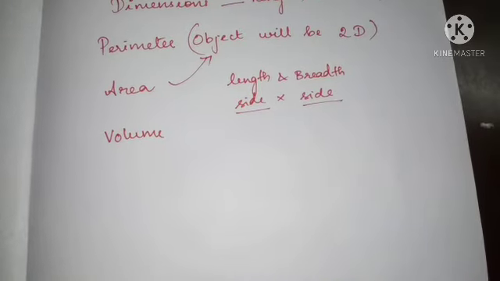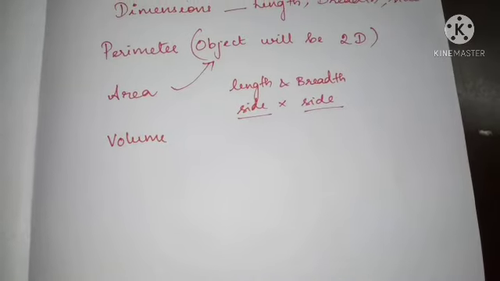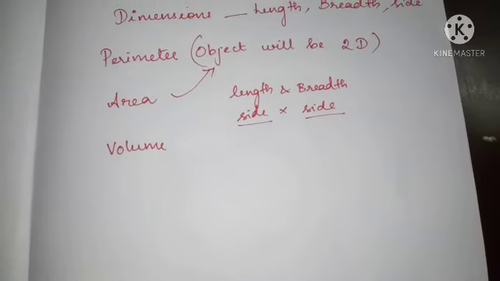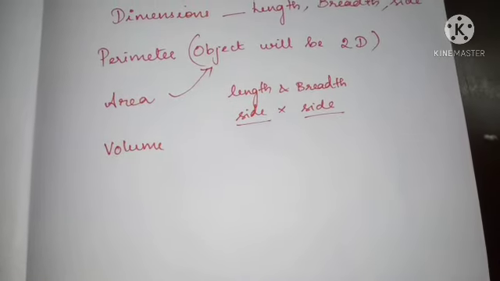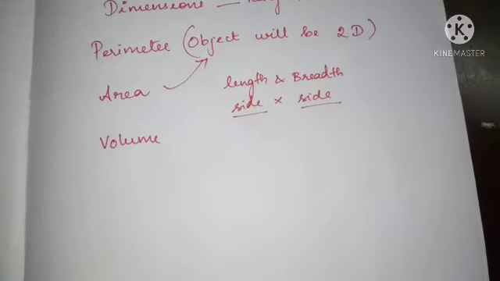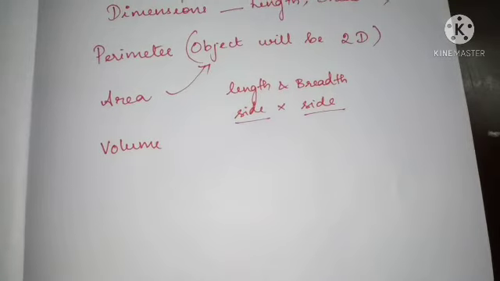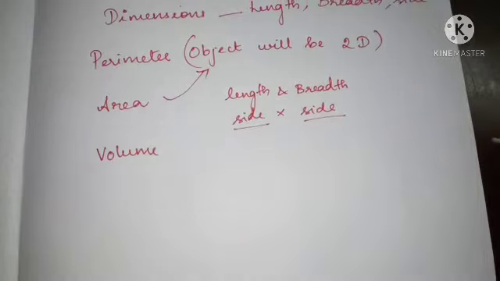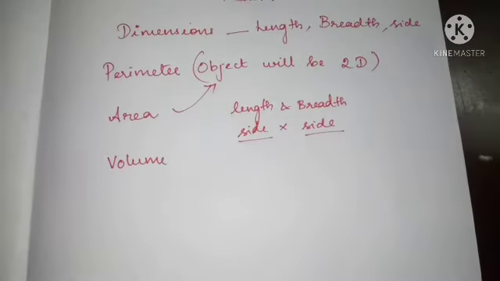When it comes to rectangle, you will use length and breadth. When it comes to square, you will use side. When it comes to circle, you will use radius, diameter, like that. Based upon the dimensions, you will find the perimeter and area.